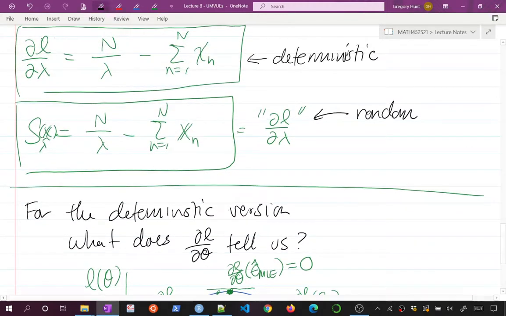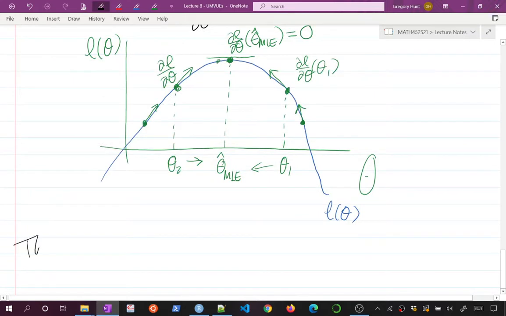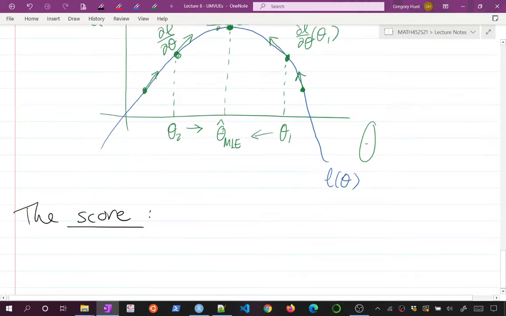If we look at the random version, the score, which is basically the random version of the derivative of the log likelihood, we have a similar fact.